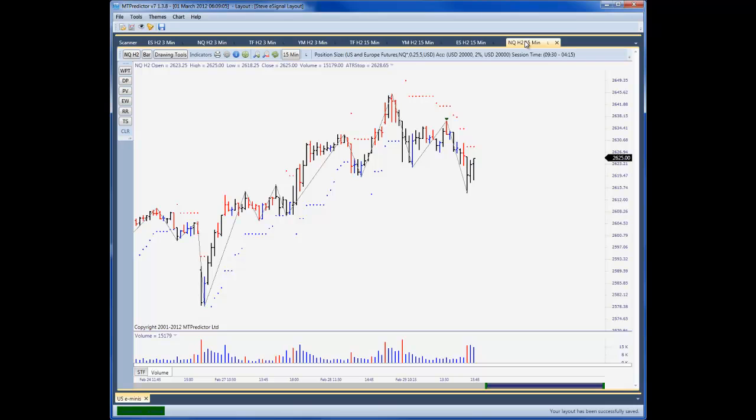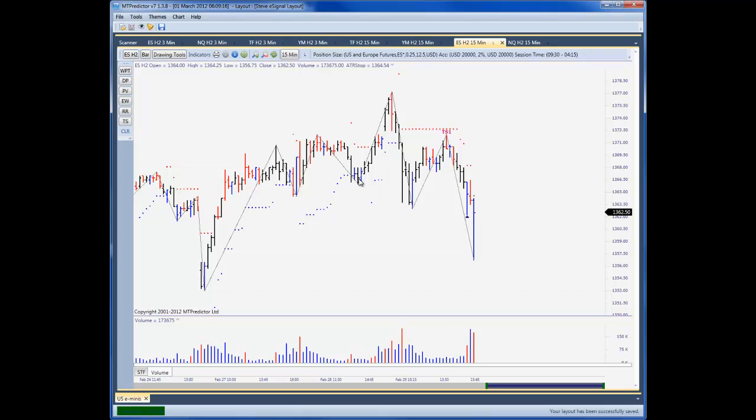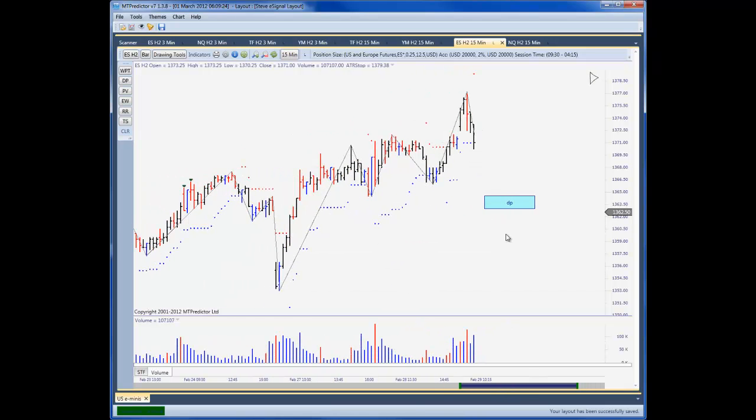On the 15-minute NQ, we actually had a sell setup here halfway through the day. You can see, so we'll be looking at that a bit later. On the ES, if I put the DP support on from the prior low. Remember, if we go back to before the market opened, these DPs are on our charts in advance.